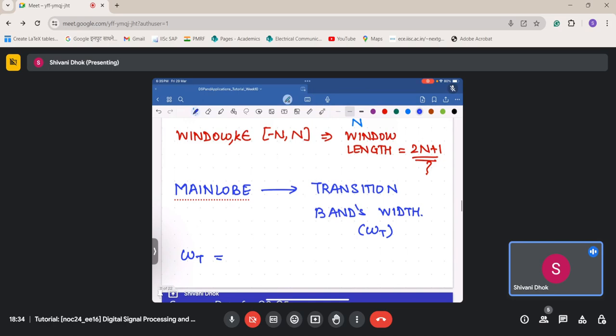So here I am having a high pass filter, and it will look something like this. This thing is my omega p and this thing is my omega s. This is my high pass filter. This shaded region, the yellow shaded region, is basically omega t.